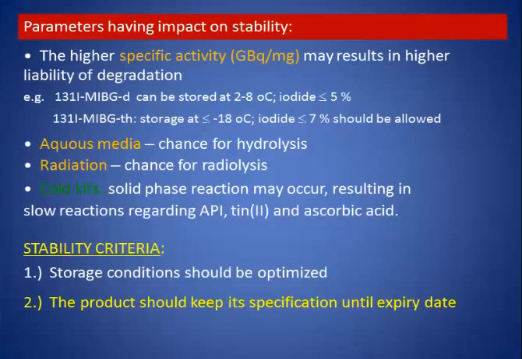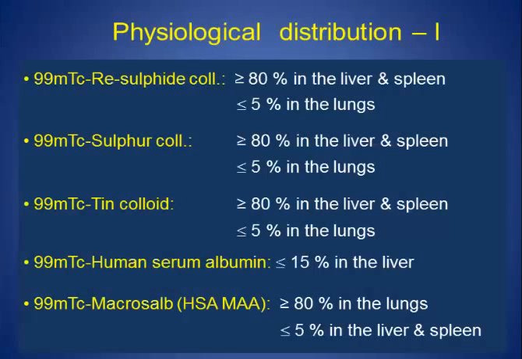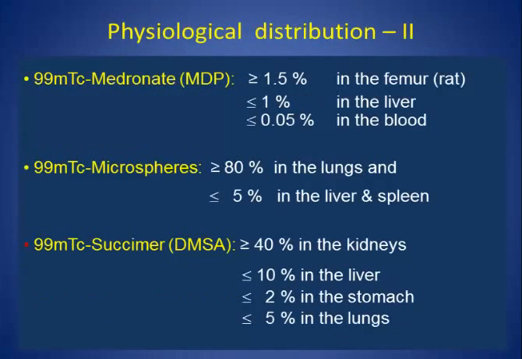Because there is an aqueous medium and there is radiation, which leads to hydrolysis and radiolysis. Then physiological distribution: this is about how the radiopharmaceutical is distributed and the percentage distribution in the body, colloids and HSA.